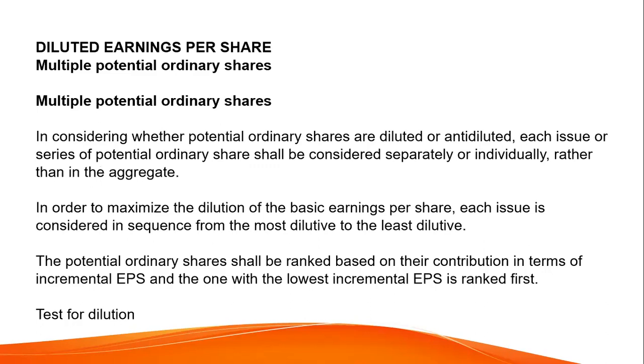In considering whether potential ordinary shares are diluted or anti-diluted, each issue or series of potential ordinary shares shall be considered separately or individually rather than in the aggregate. In order to maximize the dilution of the basic earnings per share, each issue is considered in sequence from the most dilutive to the least dilutive.